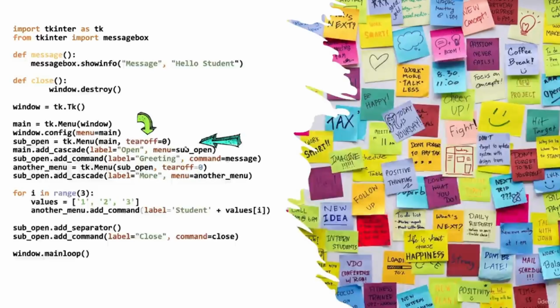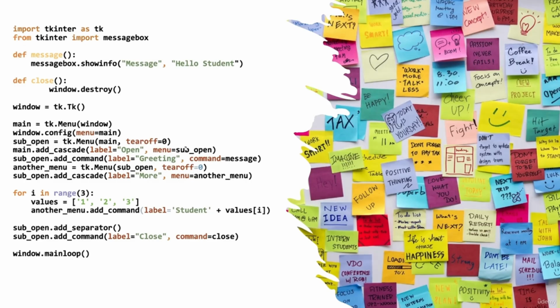By assigning an integer 0 to the tearoff property, when the menu equipped with the submenu is created and appears on our screen, when we press on a specific item and it rolls down, there won't be any dashes. So this is all thanks to the tearoff property. The add separator just separates the menu items between one another.